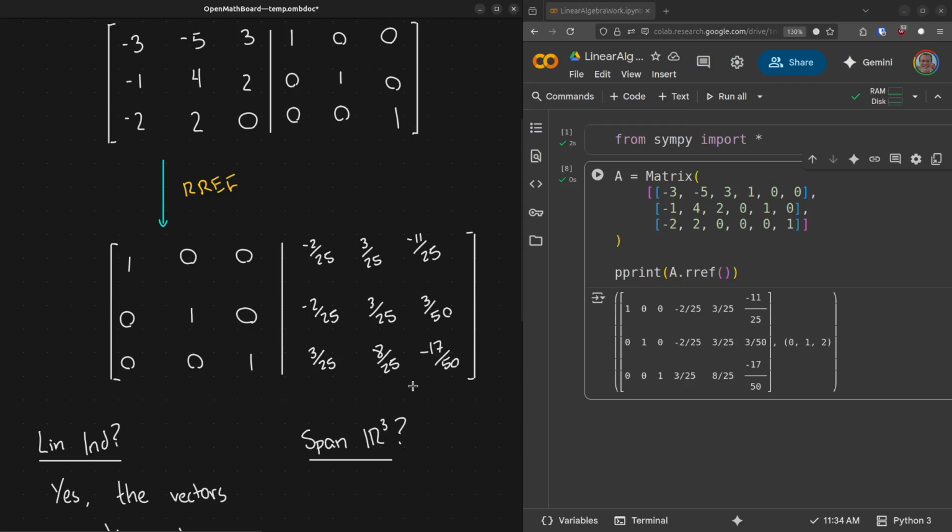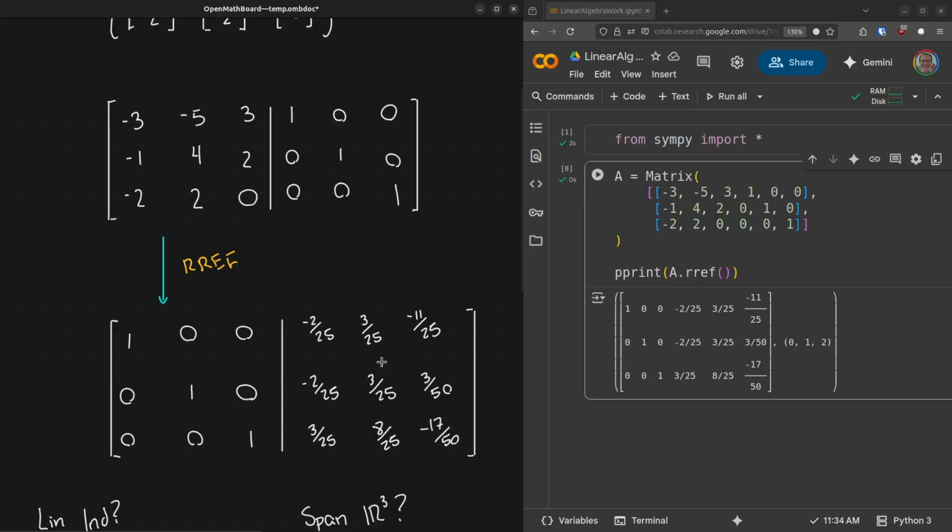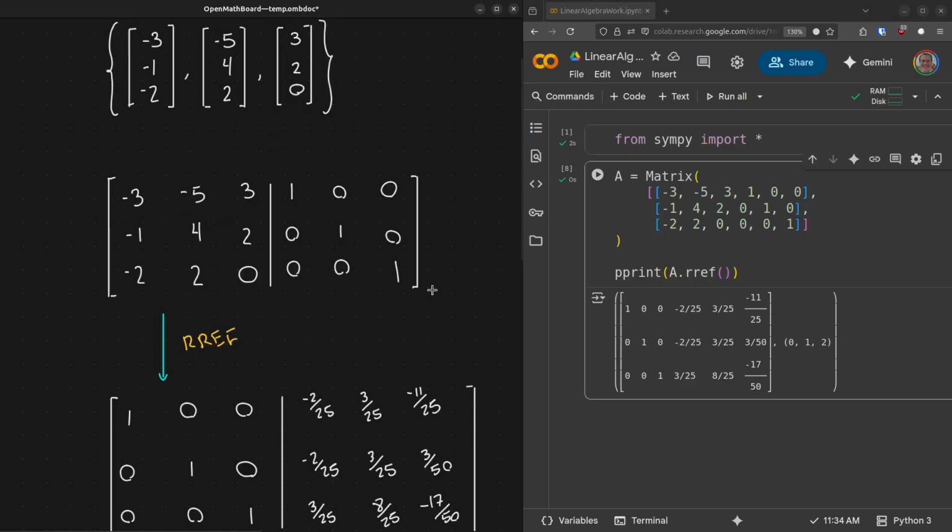For vector k, it's the last vector in my augmented part, so I look at my coefficient matrix, I look at the last column here, and I don't have any rows that say no solution, which means I do have a solution, which means I can express vector k as a linear combination of these vectors. Because I can express i and j and k as a linear combination of these vectors, that means that these vectors will span all of R3.